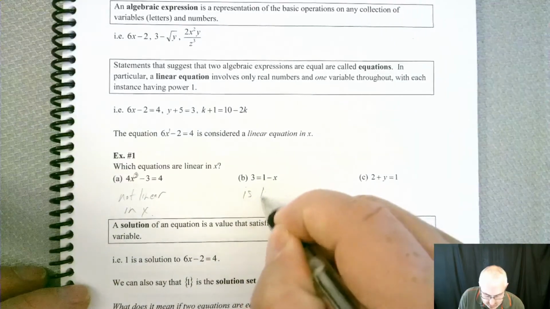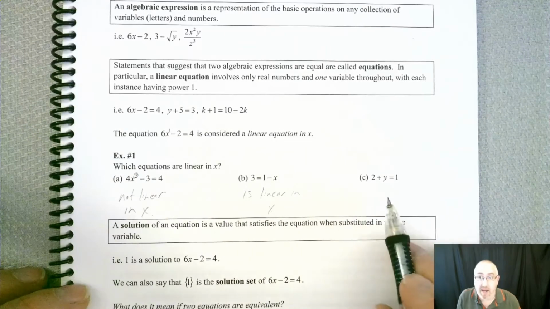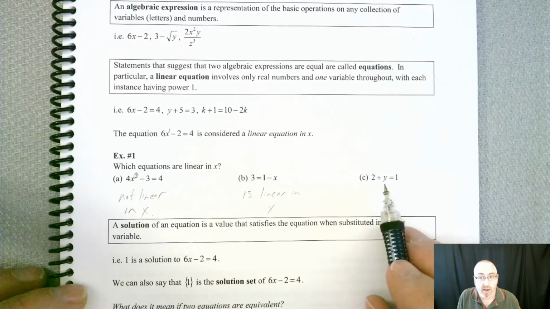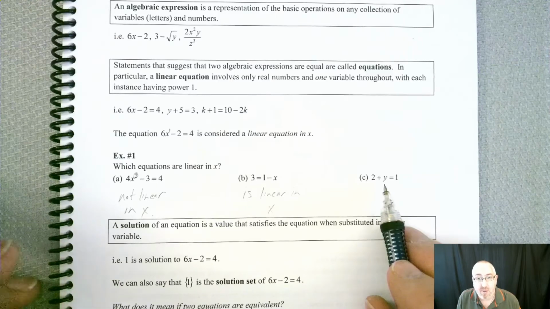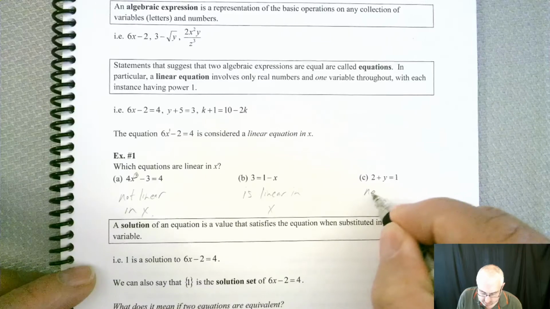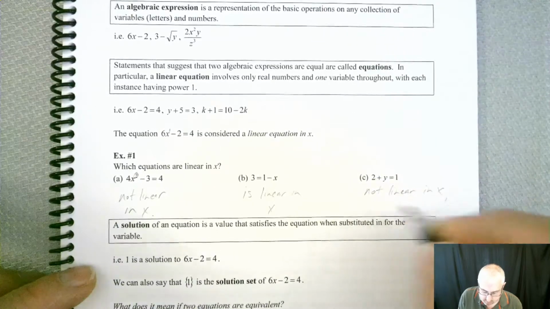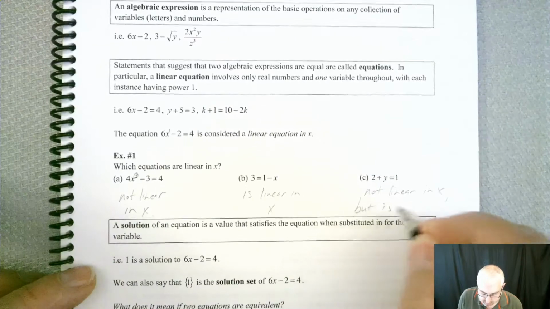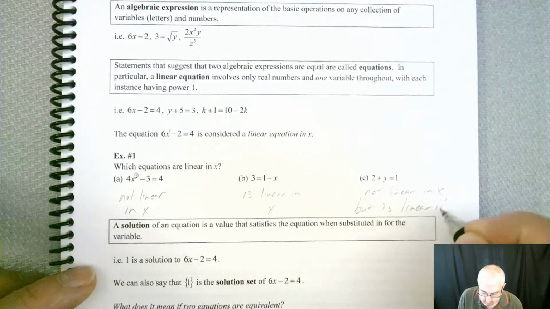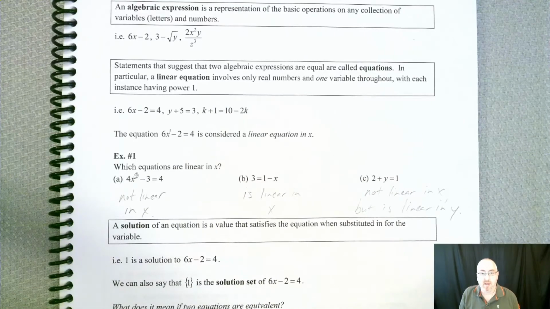So this is linear in x. And the last one, well, right off the bat, it has a y. So we don't want a y. So this is not linear in x, but it is linear in y. That is the difference.